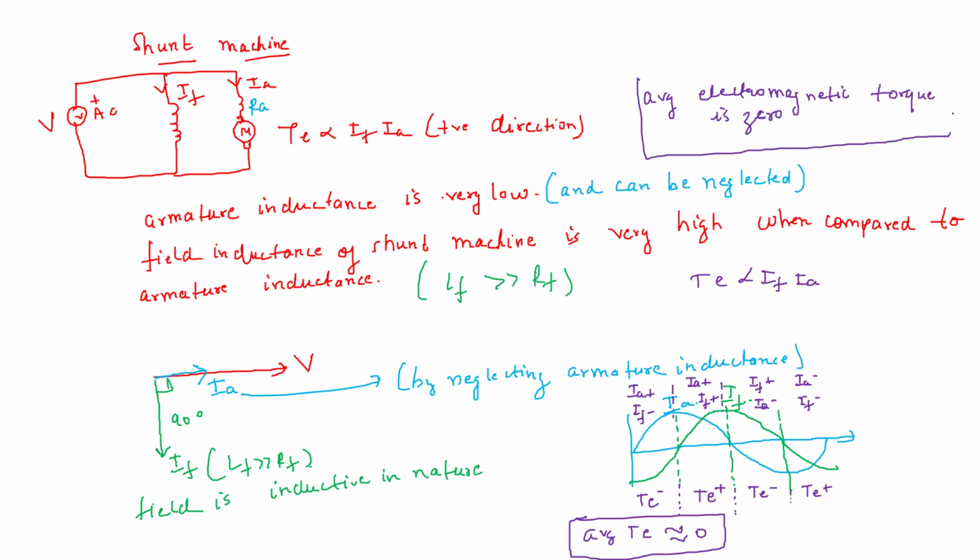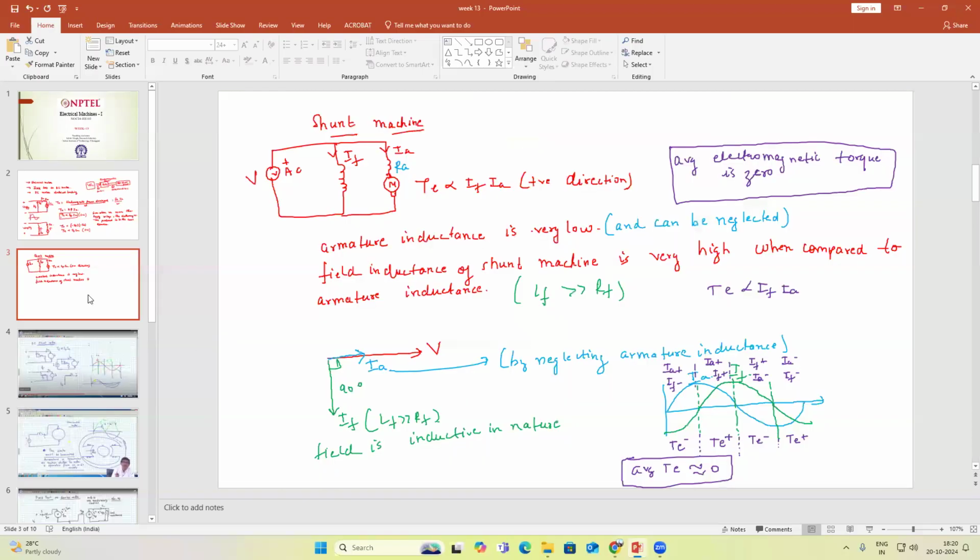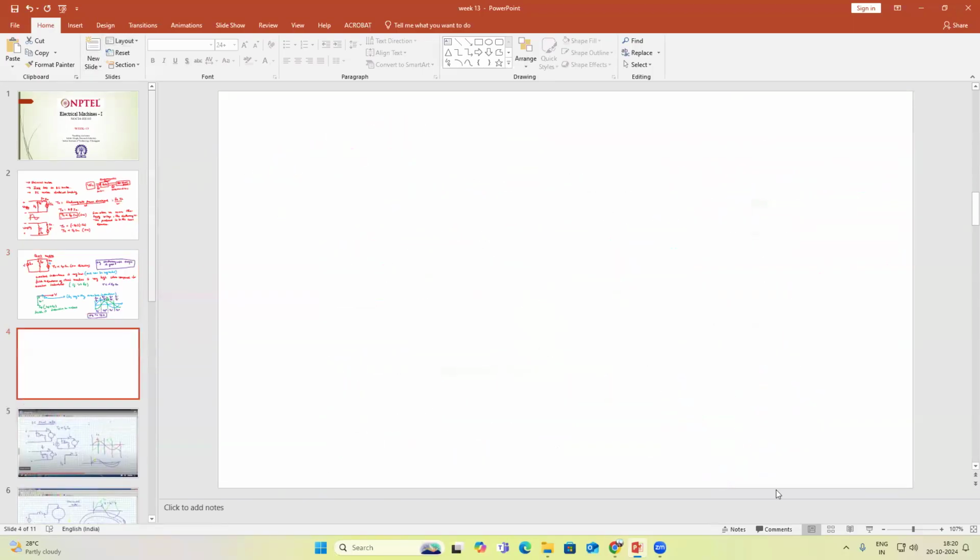That is why we will go to the series machine, in which IA and IF are in phase. You will see that in the series machine, IA and IF are in phase.